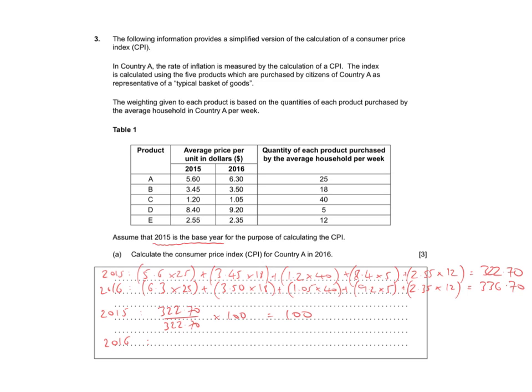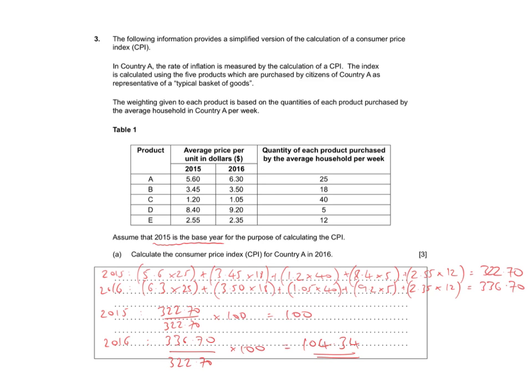So this time we take our 336.7 and we do exactly the same as we did to the value in the base year. So we divide it by 322.7 and times by 100. And this gives us a value of 104.34. And that was the answer to 3A.